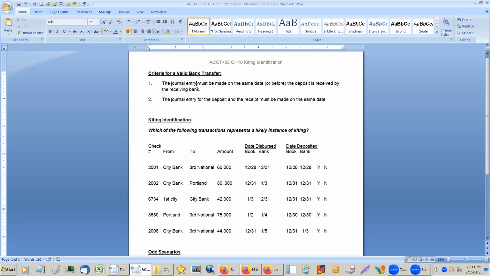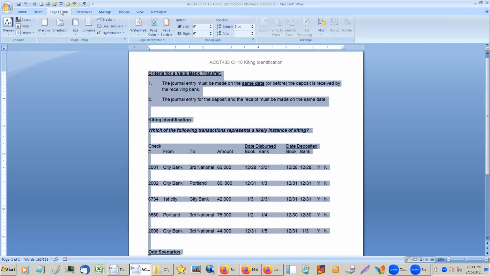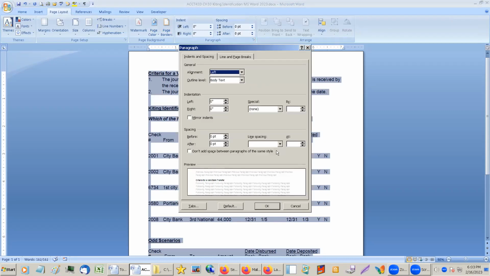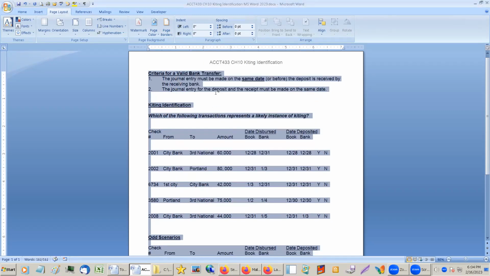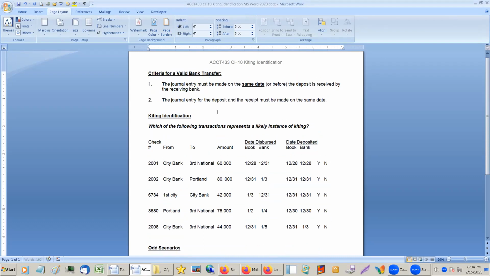The first one is a journal entry must be made on the same date or before the deposit is received by the receiving bank. Sorry about that.